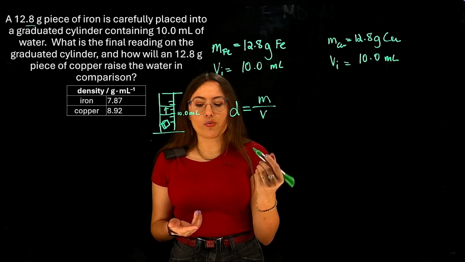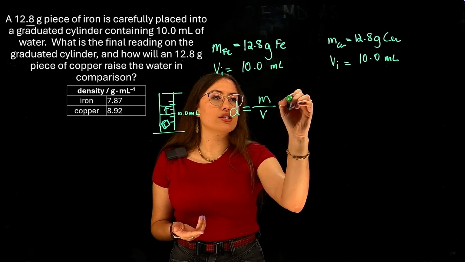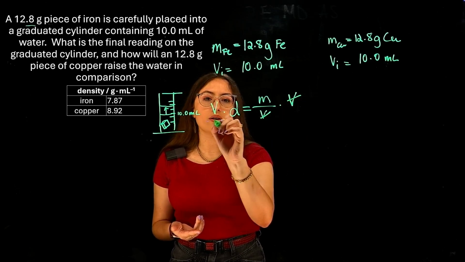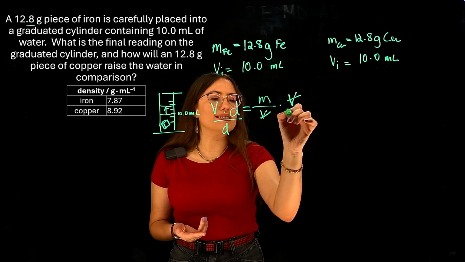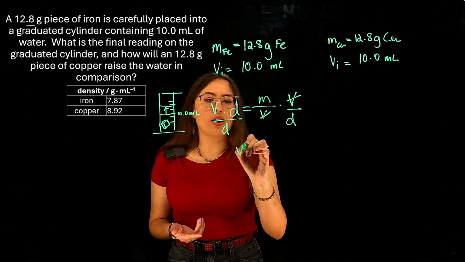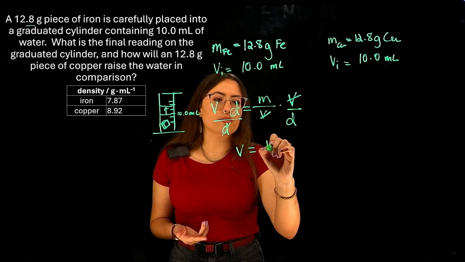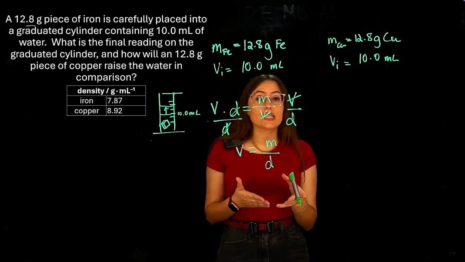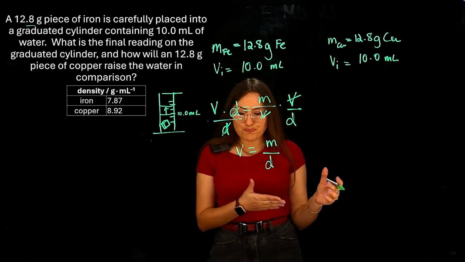Let's rearrange this. We'll multiply each side by volume, and volume cancels out. We'll divide both sides by density. We'll get volume is equal to mass over density. So we'll use this relationship moving forward for the rest of the problem.